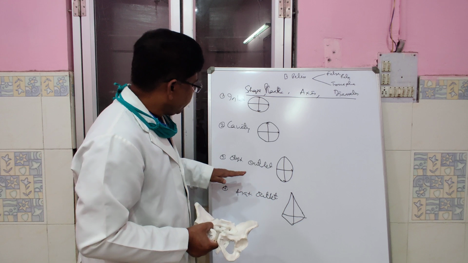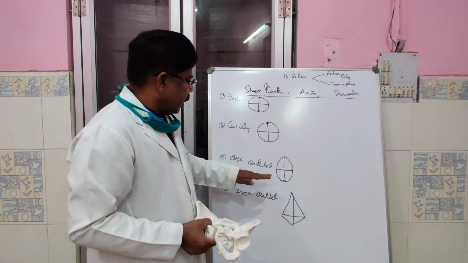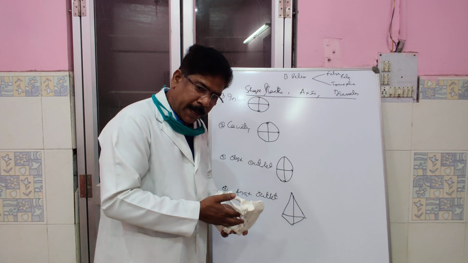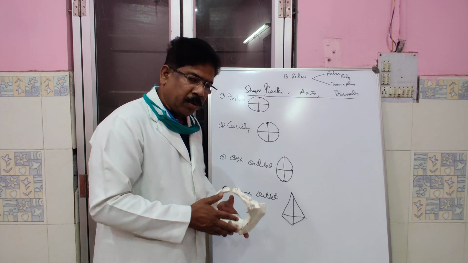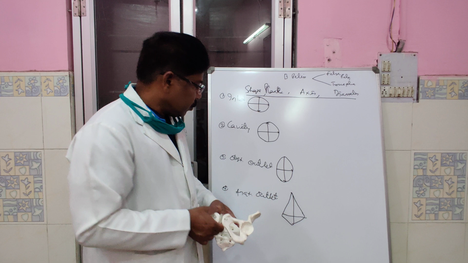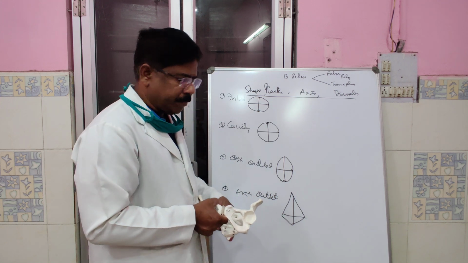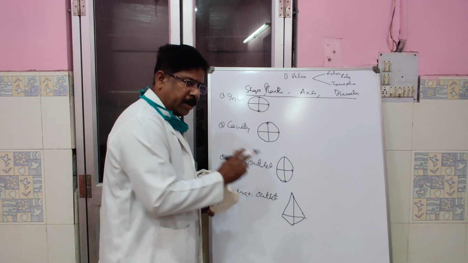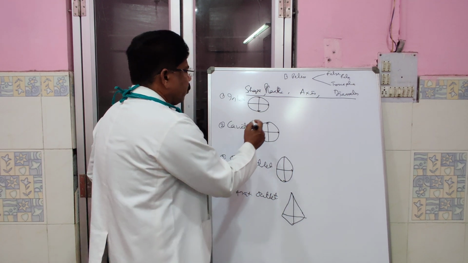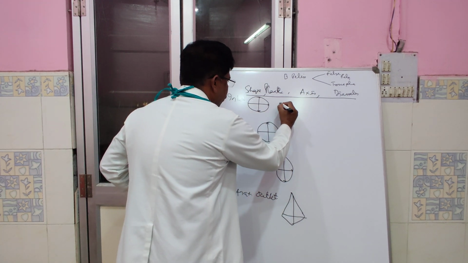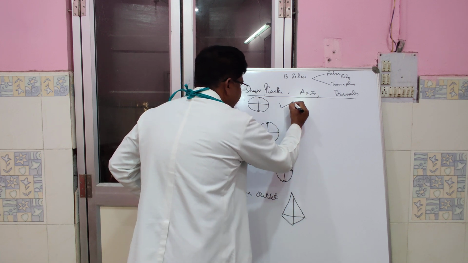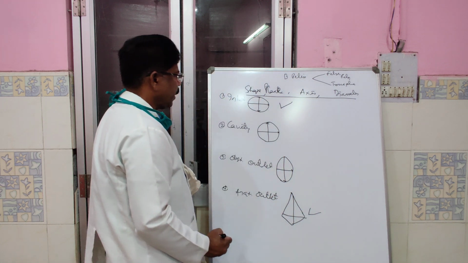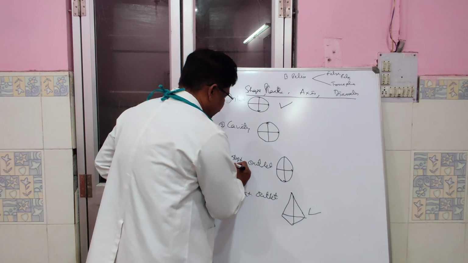So, let us come to the obstetrical outlet. The obstetrical outlet is a segment of the pelvis which is bounded above by the plane of least pelvic dimension and below by the anatomical outlet. So the plane of least pelvic dimension is the plane of the obstetrical outlet.